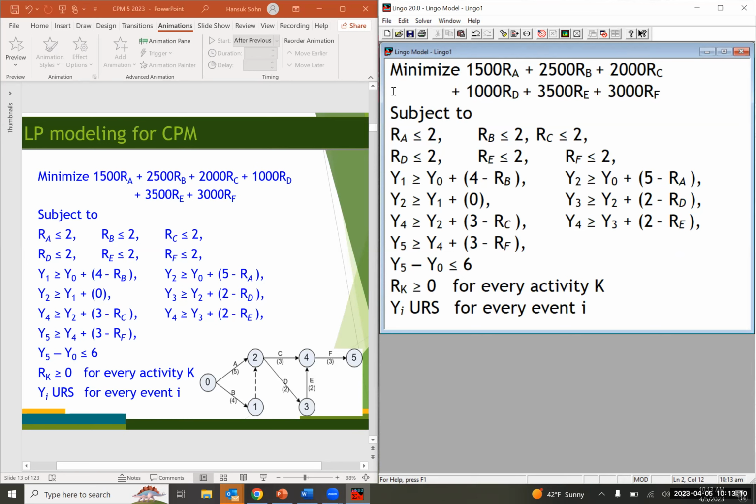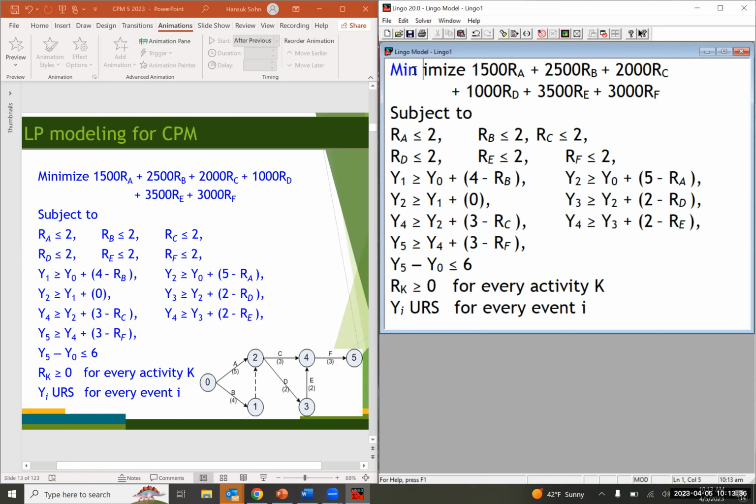Just for easy readability, let me sort it out in this way. Okay, first thing, Lingo does not recognize the word minimize. So we have to use min instead of minimize, right? See, right after I put the space here, the colors of the words change to blue.